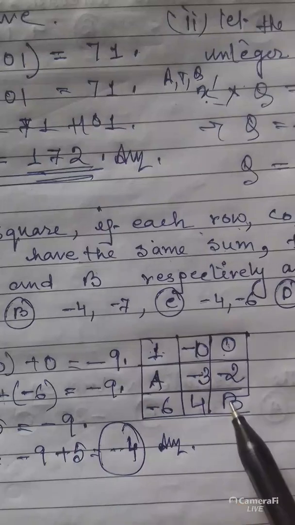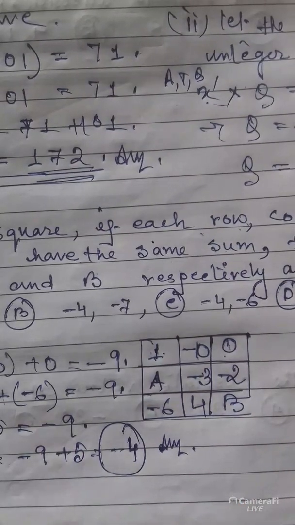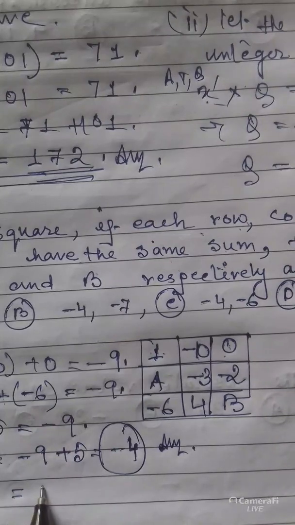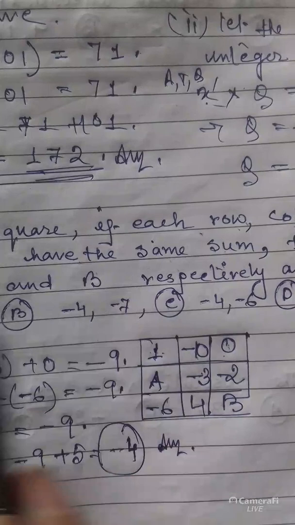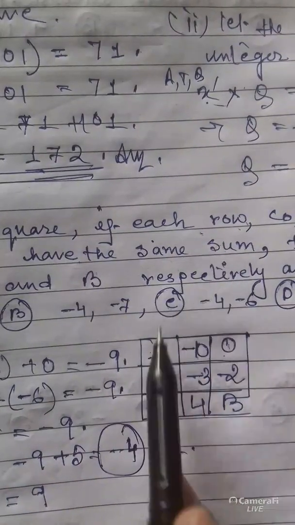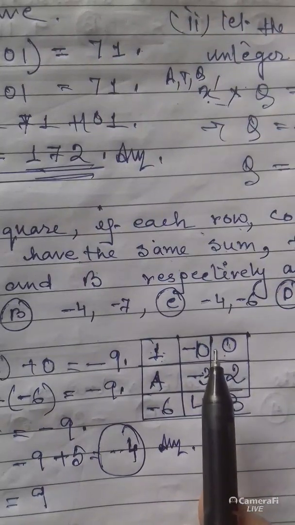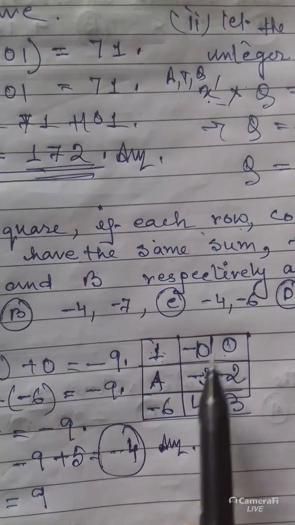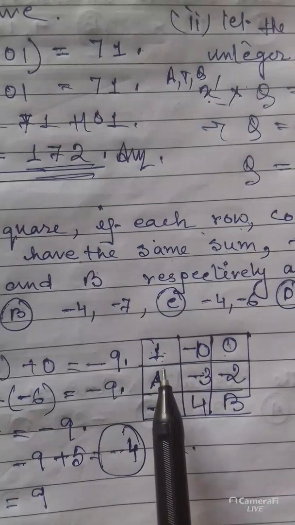And also diagonally, 1, minus 3, b: 1 plus minus 3 plus b equals 9 according to the question, because the sum of each row, column and diagonal is the same. If we add the row, we get a sum, and when we add the column, we also get that sum.